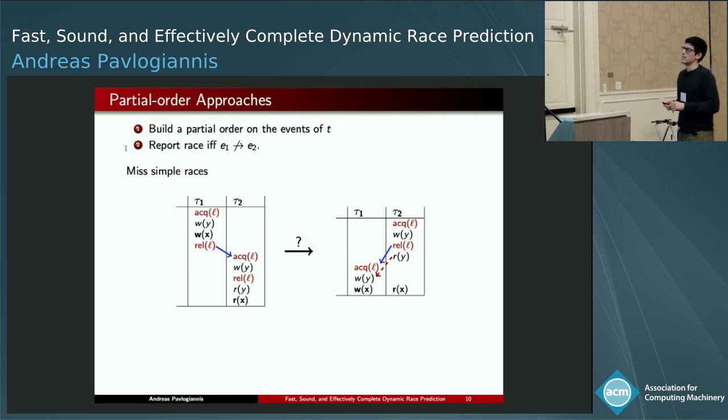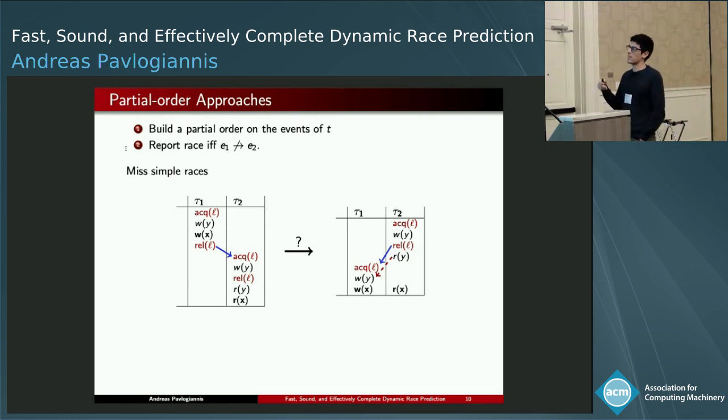Right? Now, because we are doing this, a linearization of our partial order might be one which has an observation function that is not in agreement with the observation function of the input trace.